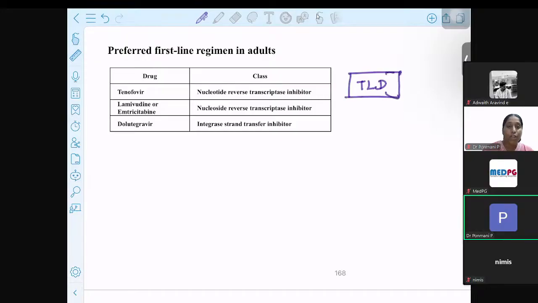I hope you all know what TLD stands for. Tenofovir, lamivudine, and dolutegravir, right? Tenofovir is a nucleotide reverse transcriptase inhibitor, whereas lamivudine is a nucleoside reverse transcriptase inhibitor, and dolutegravir is an integrase strand transfer inhibitor. So this is the preferred first-line regimen.